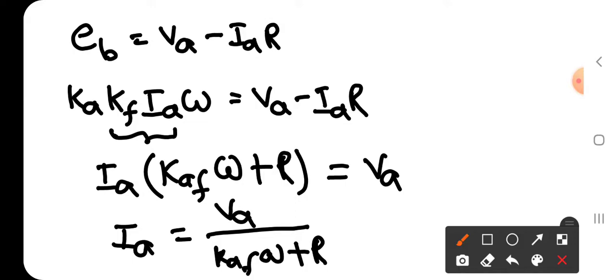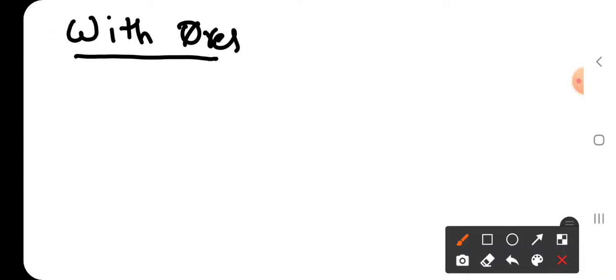And if I consider the residual magnetism component also, how will this equation be modified, with the flux phi_RES? So how is that equation modified?